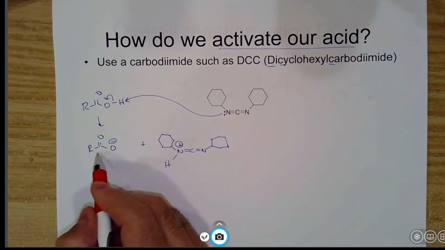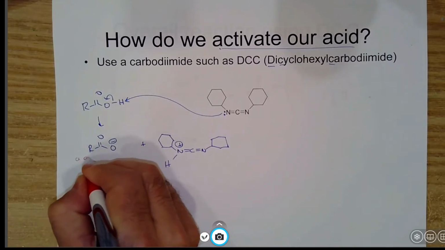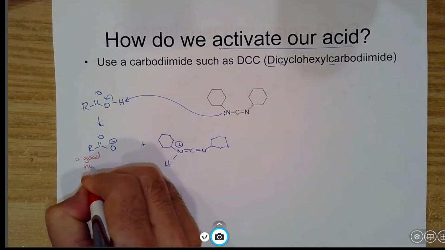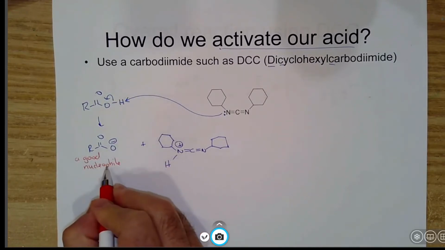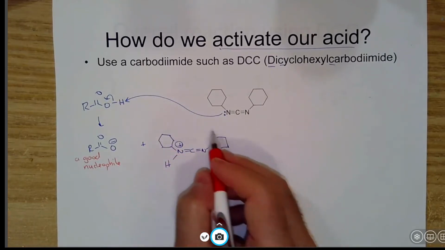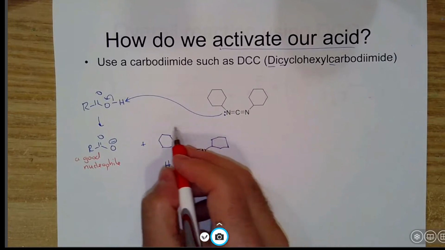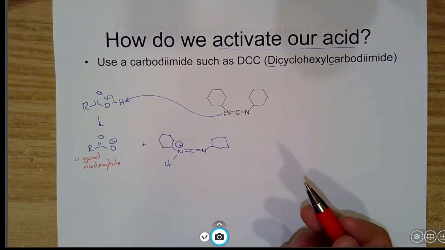Okay, so what we've done now is gone from something that is a poor electrophile to something that is actually a good nucleophile. The electrons on that oxygen are very electron rich, so you now have a good nucleophile. On this compound that I'm circling with my hand, do we have a good electrophilic site? Yeah, we absolutely do.